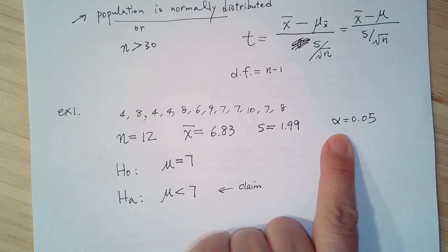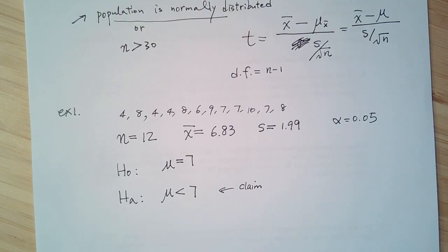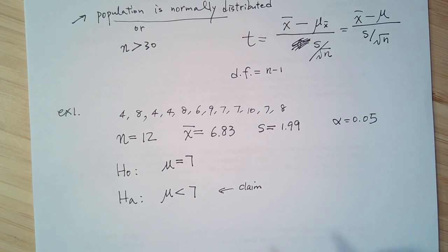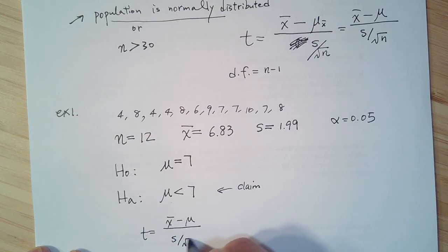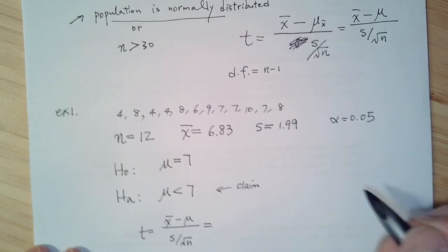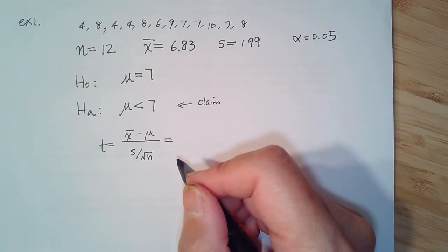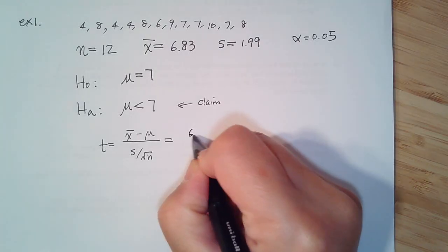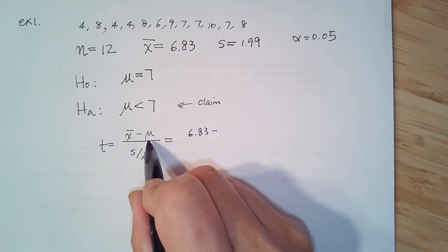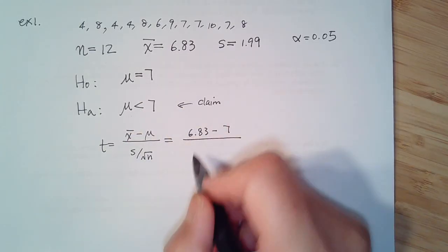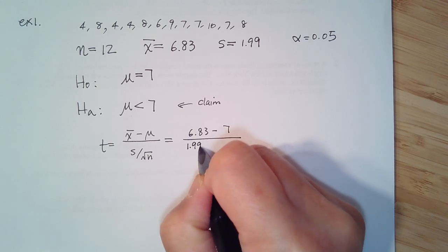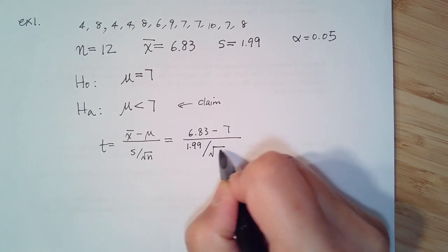And alpha is given. So the next step is we need to calculate the test statistic, which is this: t equals x bar minus mu over s over square root of n. All right, now let's see. I do have all the information. I have x bar, which is 6.83, minus the mean, which is 7, divided by the sample standard deviation s, and then divided by the square root of 12.